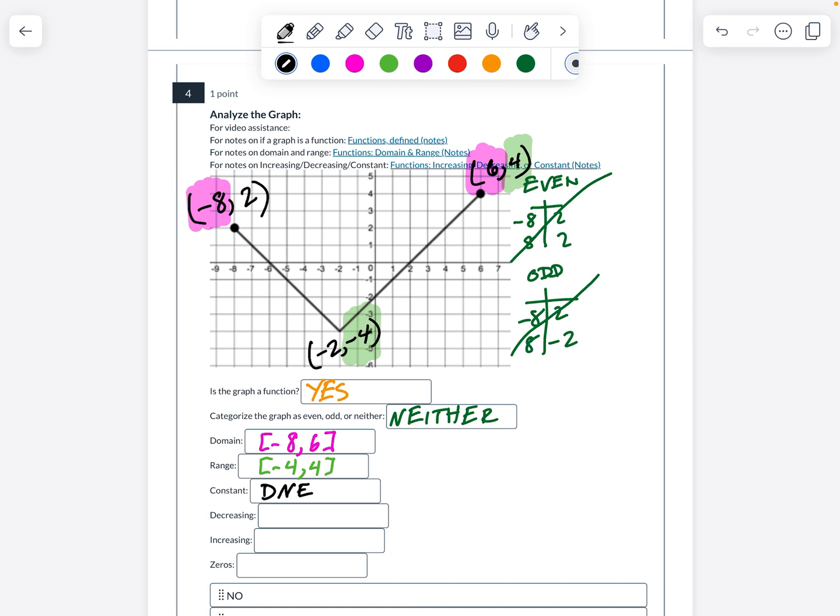So to do increasing, decreasing, and neither, I want to look at the farthest left portion of the graph, where it changes direction, and the farthest right portion of the graph. So it is headed downhill between the x values of negative 8 and negative 2.